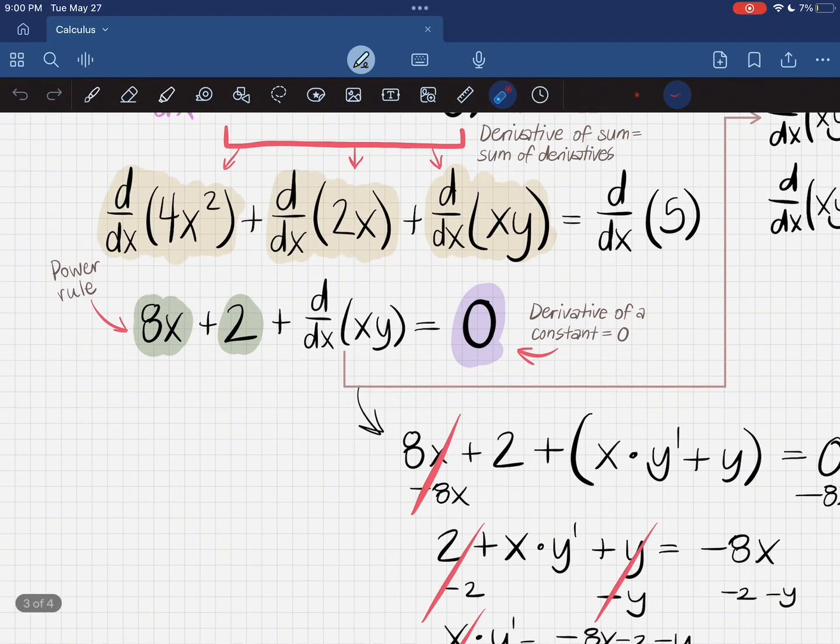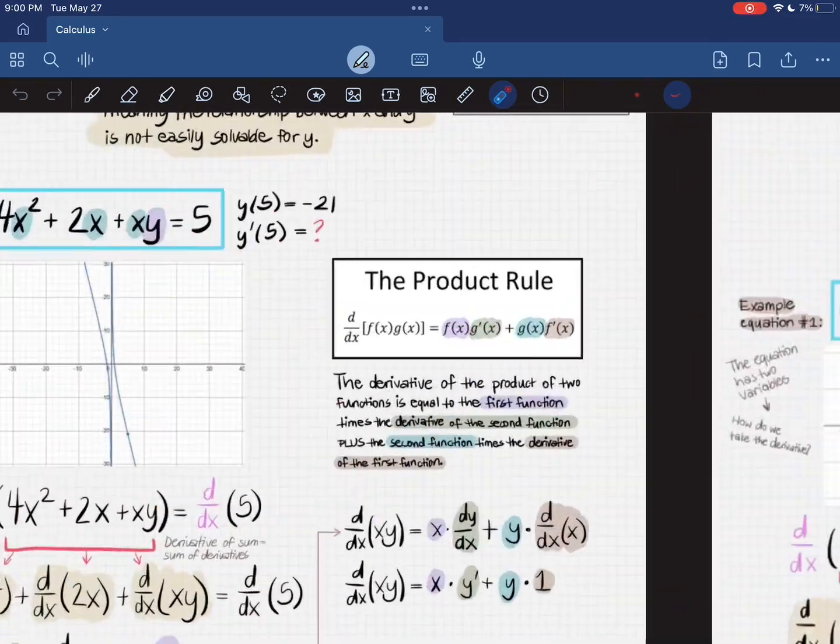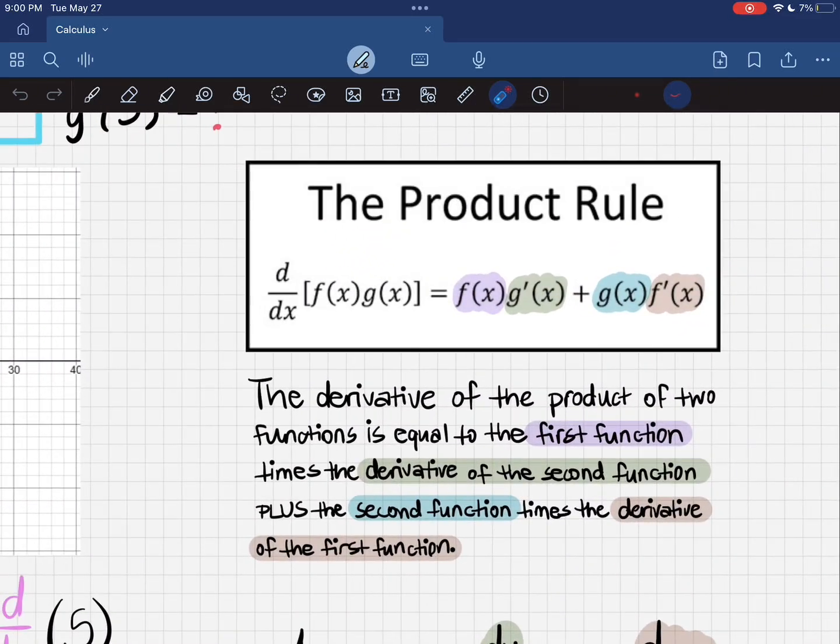Evaluating these first two terms using the power rule, we get 8x and 2. And then this last term, we must use the product rule, since it's x times y. So just a recap of the product rule. The product rule says that the derivative of the product of two functions is equal to the first function times the derivative of the second function plus the second function times the derivative of the first function.